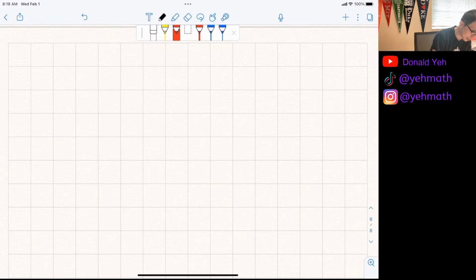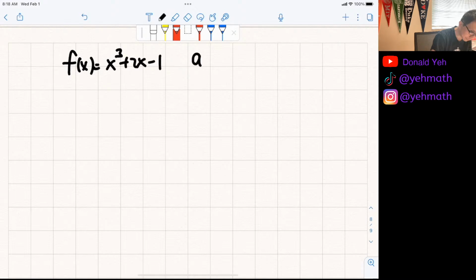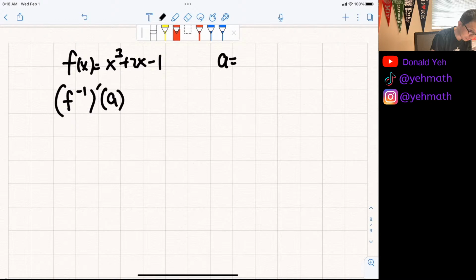Okay, so here's the test question. I want to find f inverse prime of a, and I say a is equal to 2.